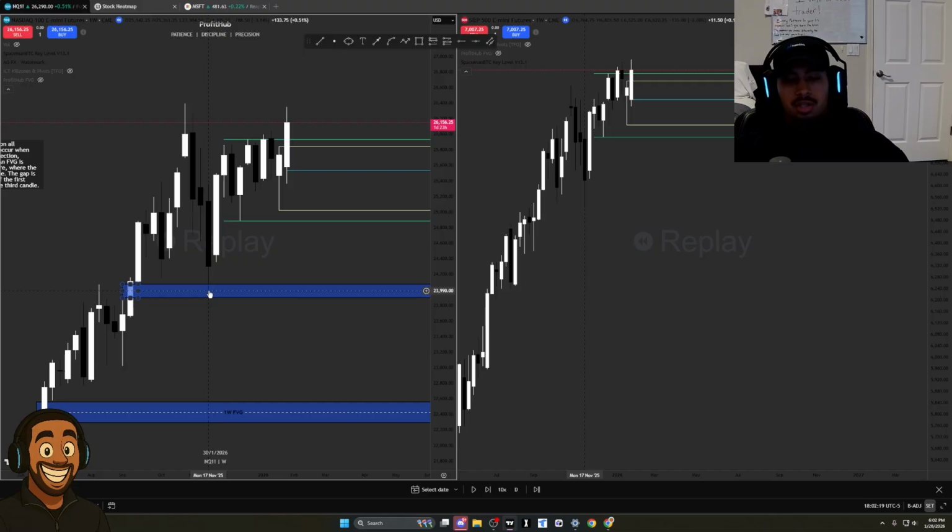Consequent encroachment is just 50% of the fair value gap. This is 25%, this is another 25%, so this is 50% of the fair value gap. Price tends to reverse off the line of consequent encroachment, and then usually what ends up happening is price tends to go into these internal draws on liquidity, and these are imbalances of buy orders.